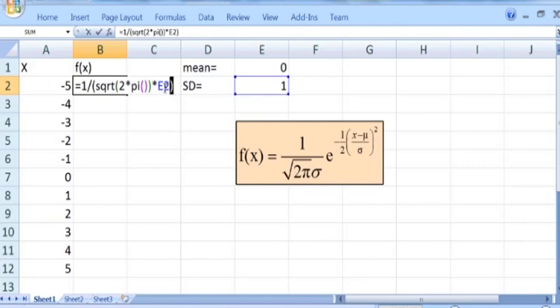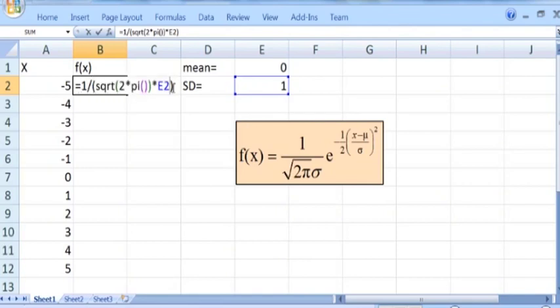So why have I used the parentheses? Because I want Excel to first calculate this expression in the denominator. So once this is completed, then 1 should be divided by this resultant number. So this is very important to note in Excel, that you have to put the parentheses in proper order.